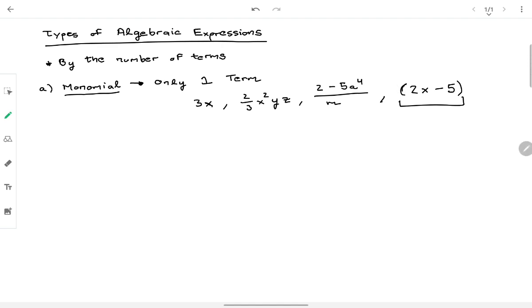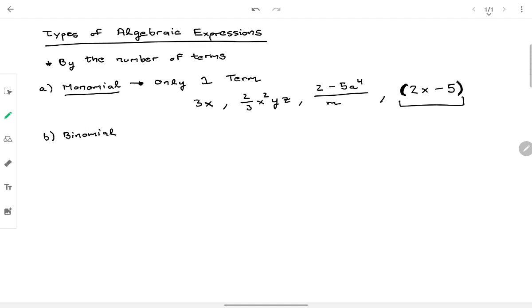So if it's an expression between brackets or parentheses, it can also be called a monomial. Maybe we will understand it better with the next specific exercises.